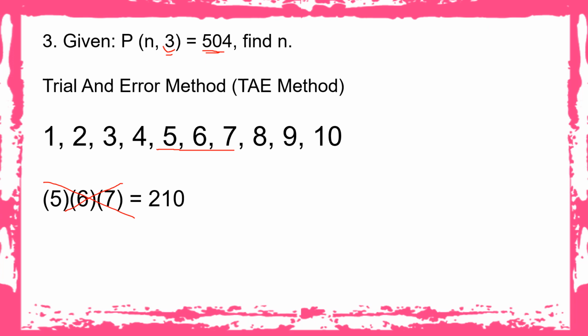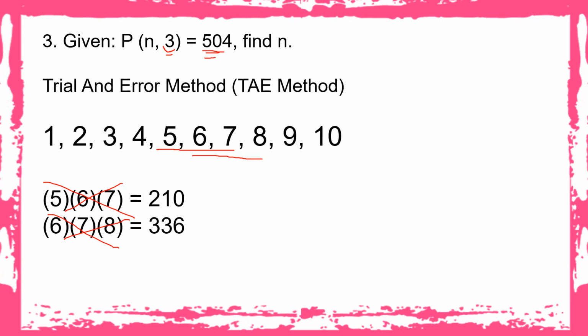Again, we need to find the 504. So what if we multiply, let us try 6, 7, and 8. Multiply 6 times 7 times 8. What is our answer? 336 only. So this is not equal to 504.